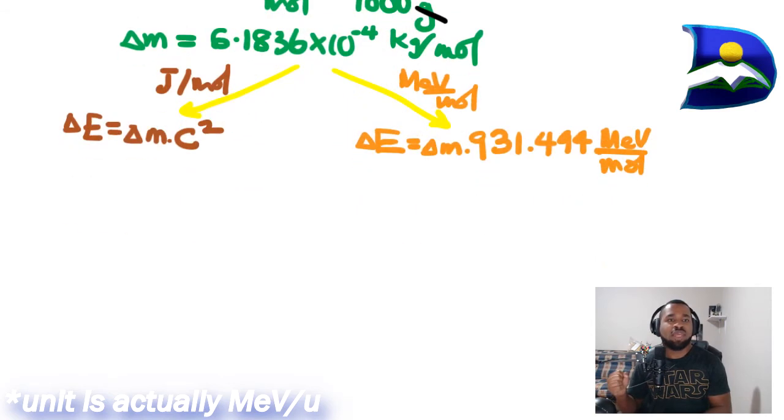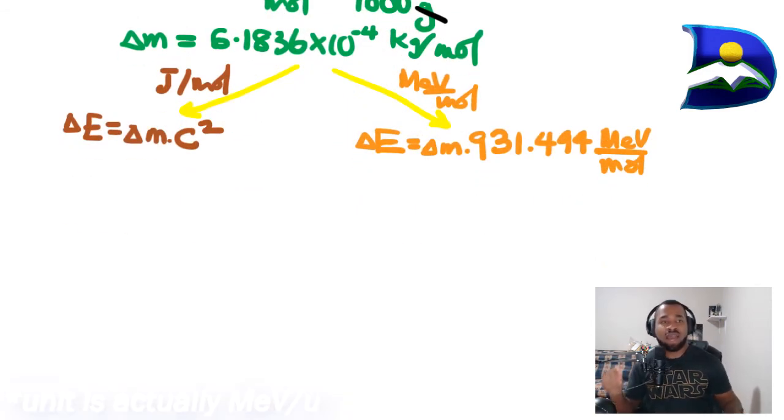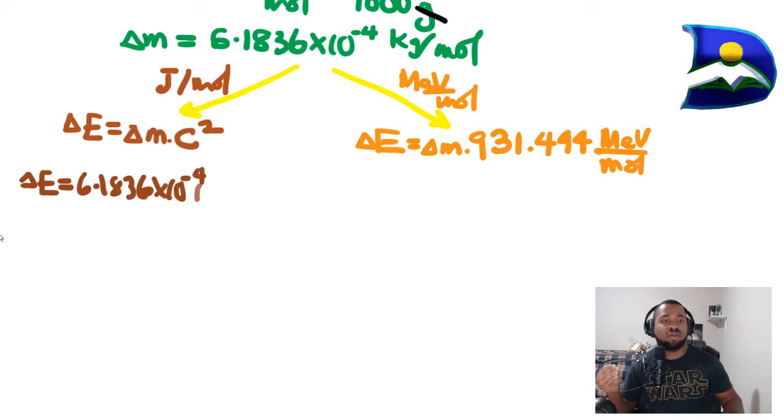So when we begin here by looking at the left side, and we are doing the change in energy is equal to the change in mass multiplied by the speed of light. We know that in this case, our change in energy is going to be our mass difference, which is 6.1836 times 10 to the negative 4 kilograms per mole.